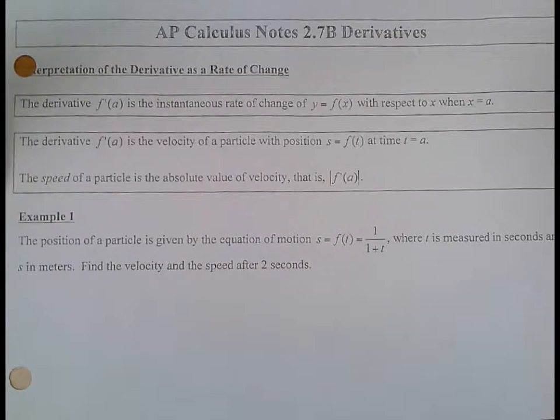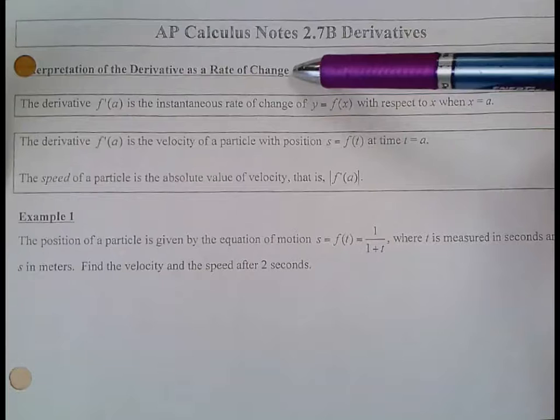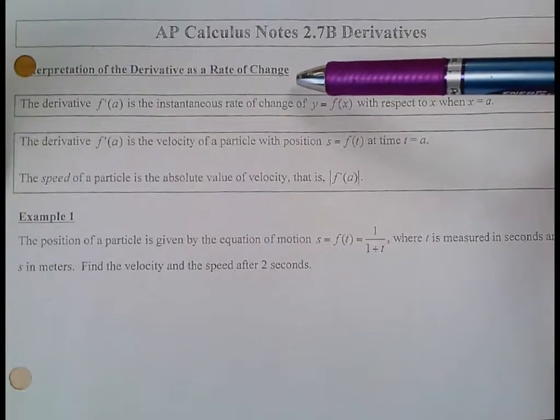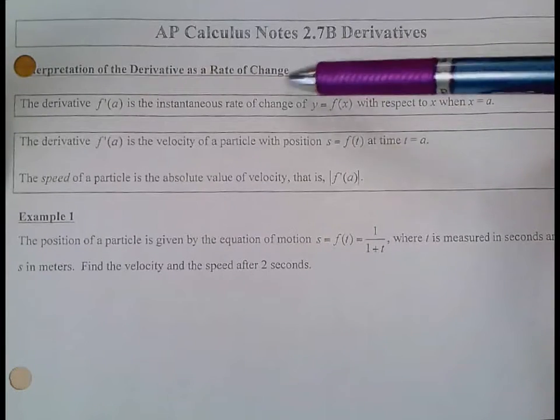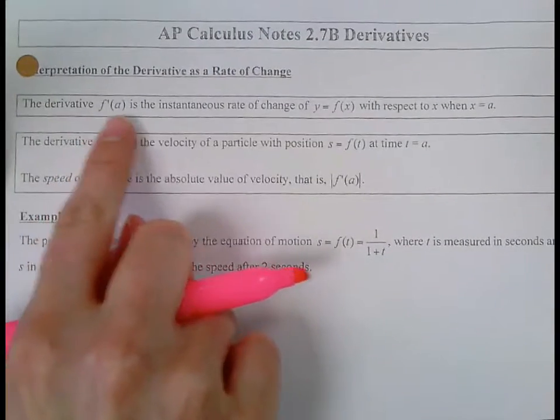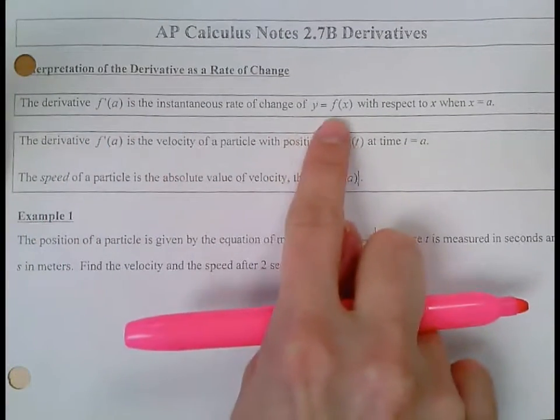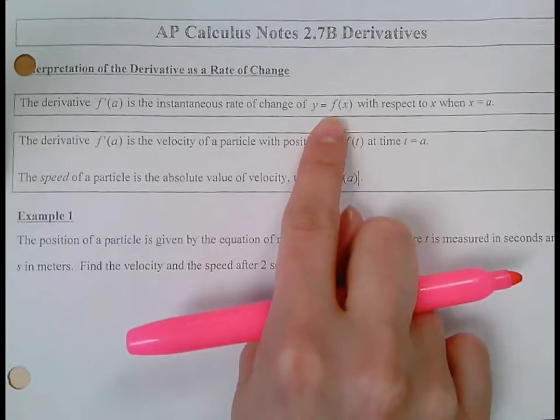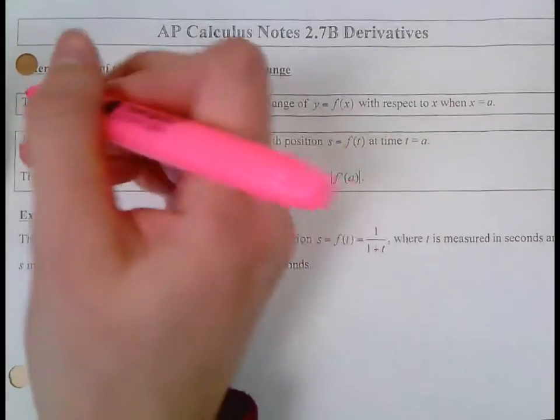So now, and this is just kind of building on ideas we've already talked about. We had talked about how we use that same limit to find any instantaneous rate of change. So therefore, for derivatives, the derivative f prime of a is the instantaneous rate of change of any function y equals f of x with respect to x when x is a.